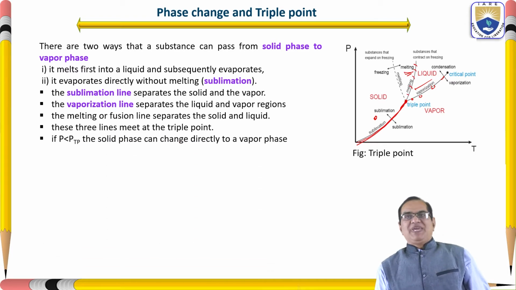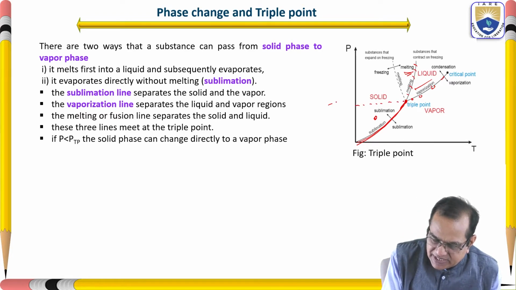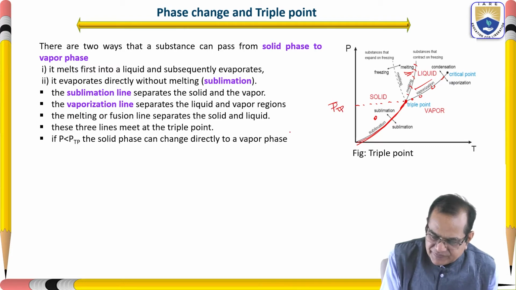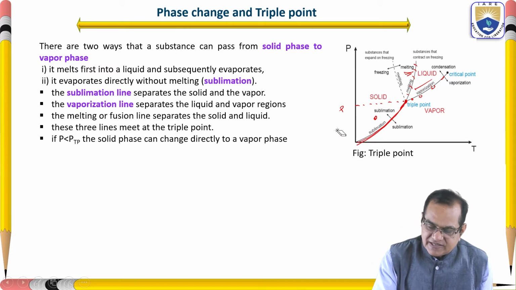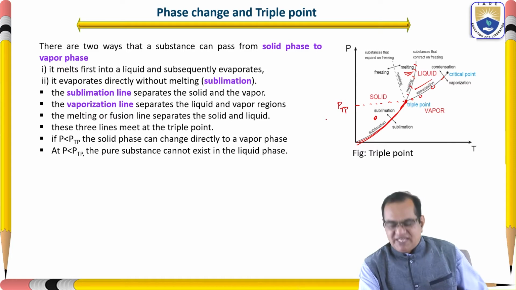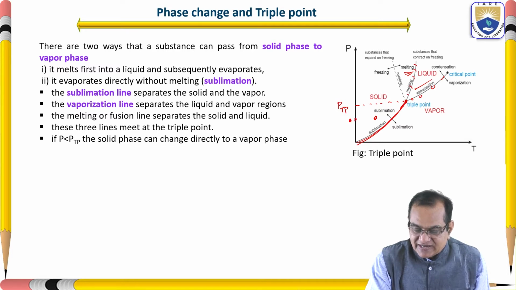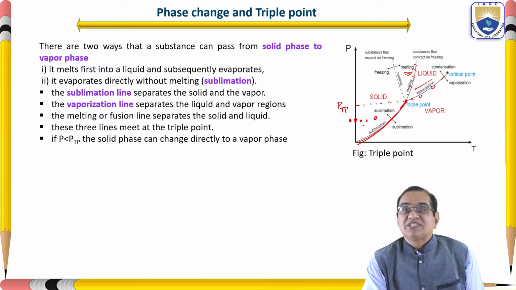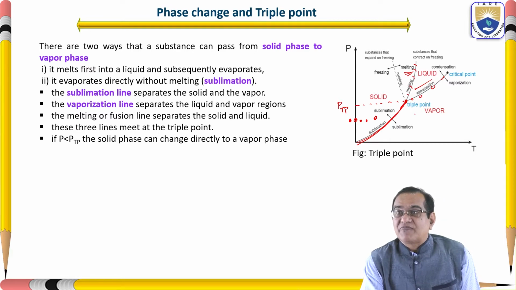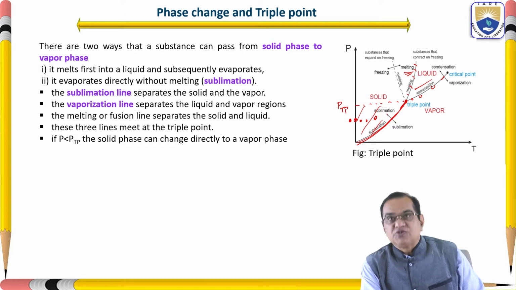If P is less than P triple, you see here, this P TP, meaning somewhere here, less than the TP, the solid phase can change directly to a vapor phase. Very important. So if your work area is in this zone, it will directly convert from solid to vapor.